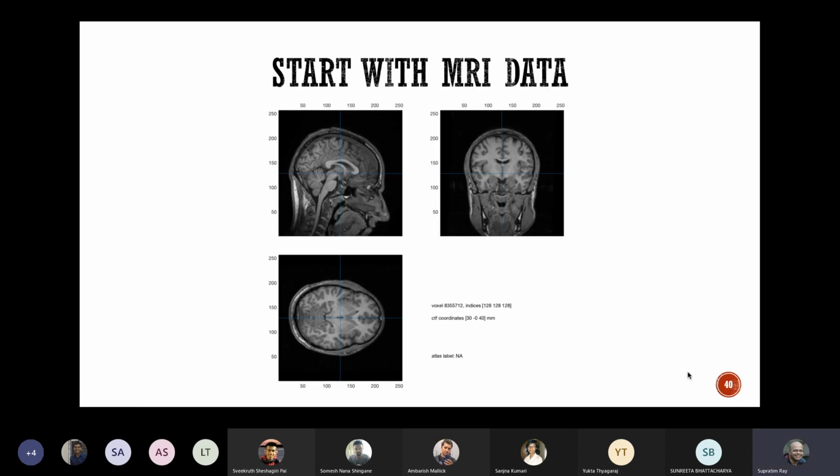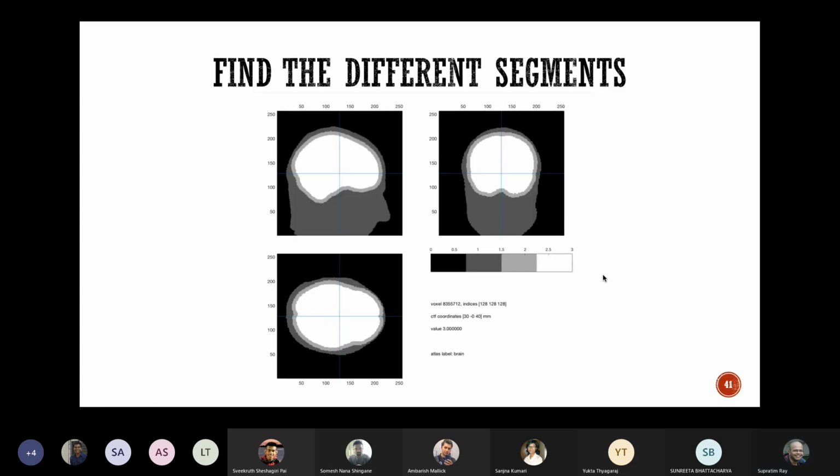Okay, so as an example of this, this is what you could run if you have run the source localization program that's provided in the EEG resources. You start with the EEG MRI data, and you parcelate different segments there.